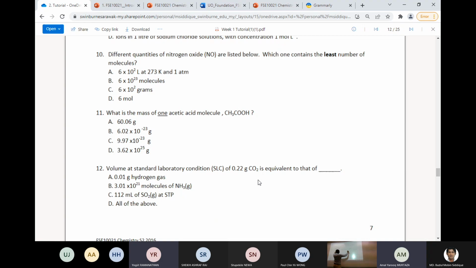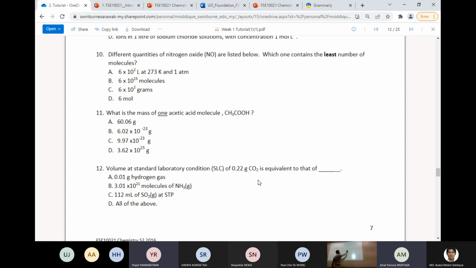So this is 60, right? What is the mass of 1 acetic acid molecule? 1 mole of acetic acid, what is the molar mass of acetic acid? 12 times 2 is 24, plus 32, plus 4, so 60.